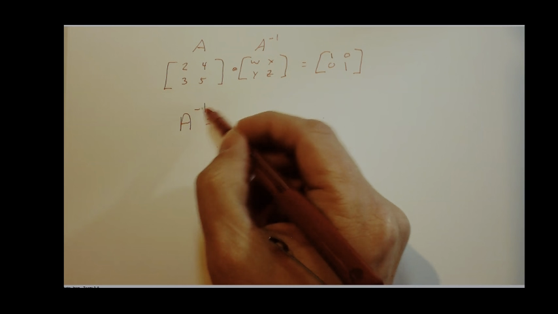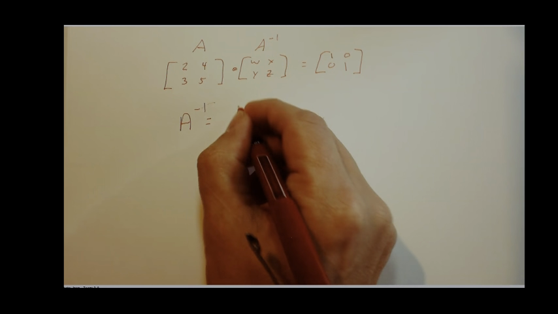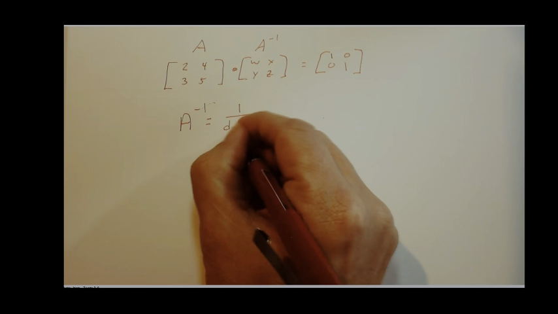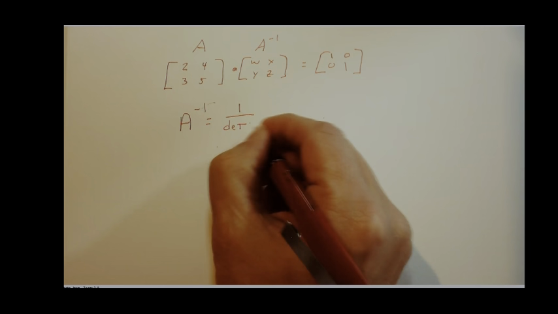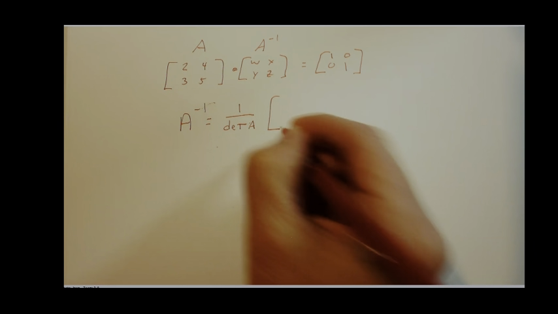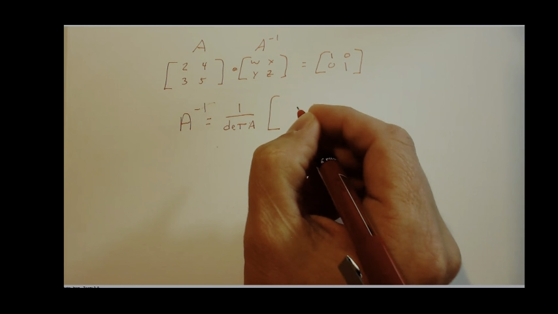Remember, this means inverse. So the inverse is going to be 1 over the determinant of A. So we're still going to have to find that determinant. And then we're going to take that times our matrix.